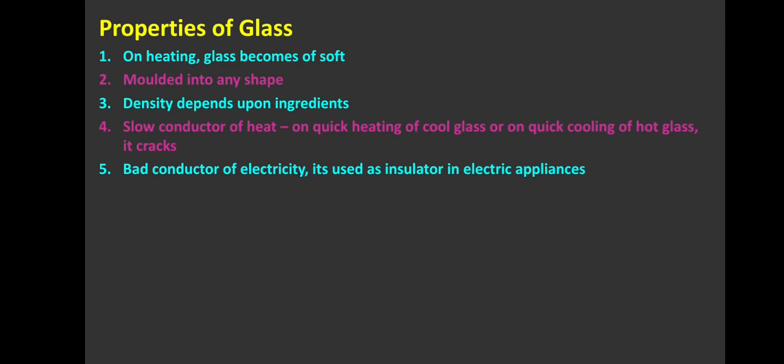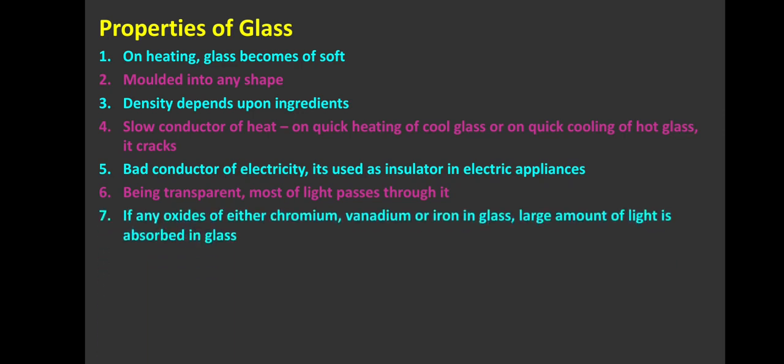Because it's a bad conductor of electricity, it does not conduct electricity. Being transparent, most of the light passes through it. Yes, we experience that on a daily basis. But if there are any oxides of chromium, vanadium or iron in the glass, a large amount of light is absorbed in the glass. So that care has to be taken.